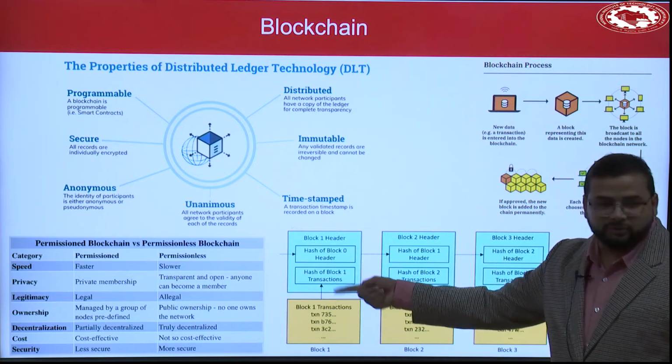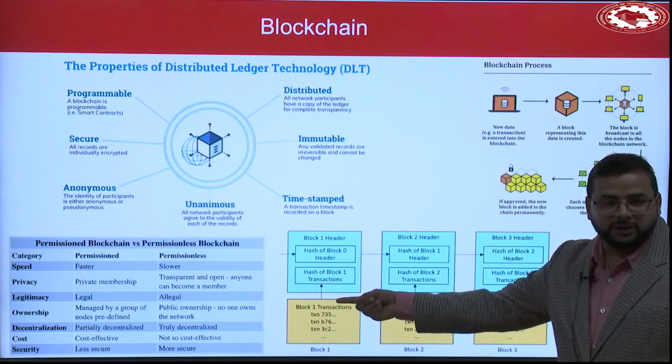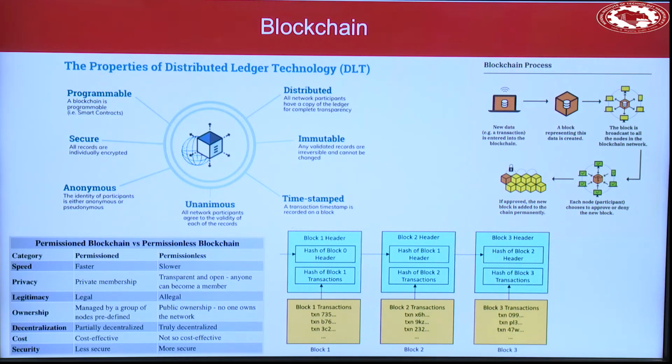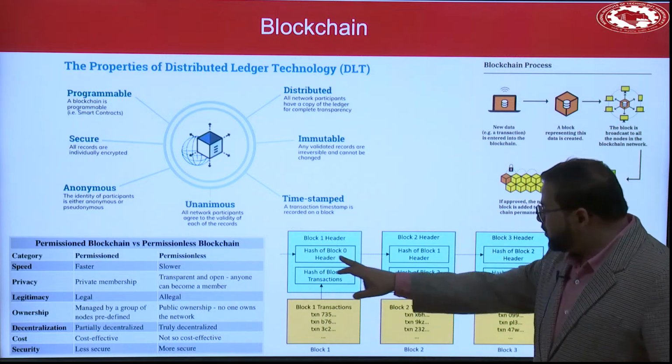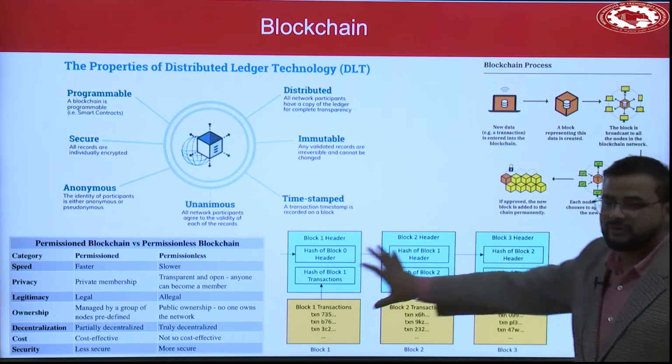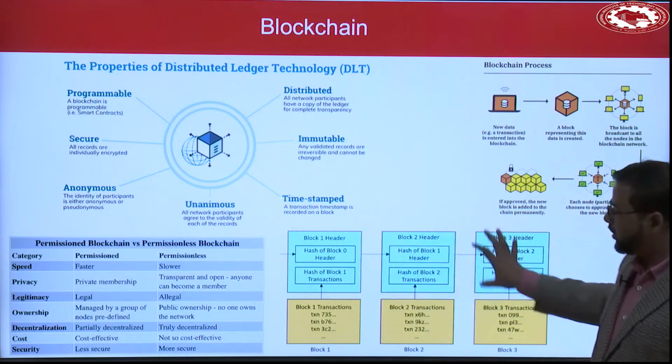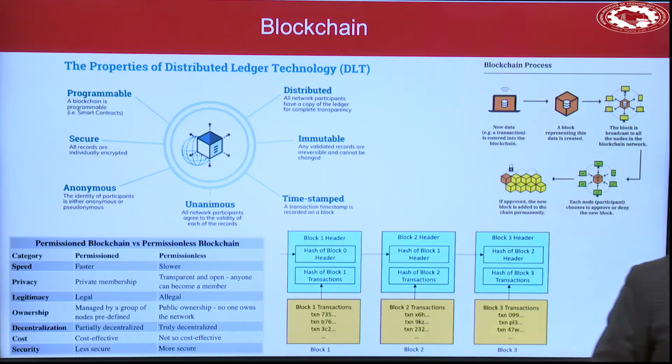I'm also creating a hash of each block, so that anyone can verify the data has not been tampered with. We know hashing now. Then you connect these blocks: the first block, second block, third block, and so on. Every hour you create a block and attach it to the chain.